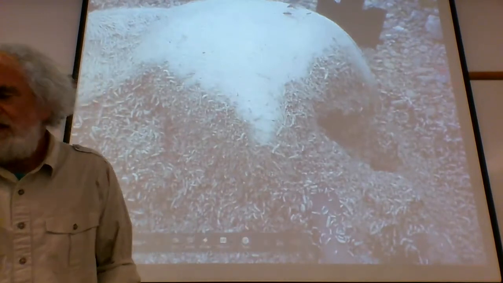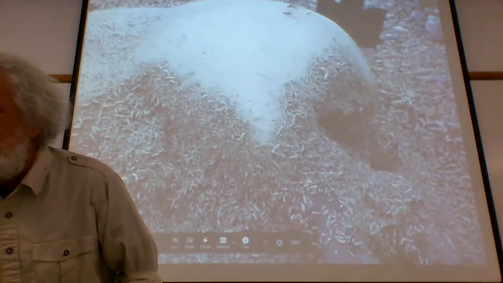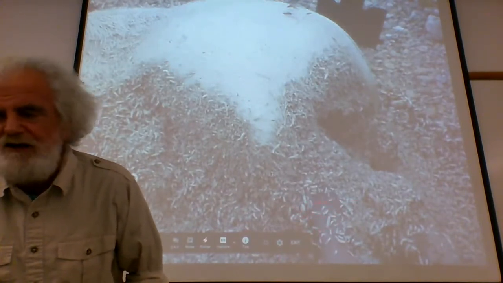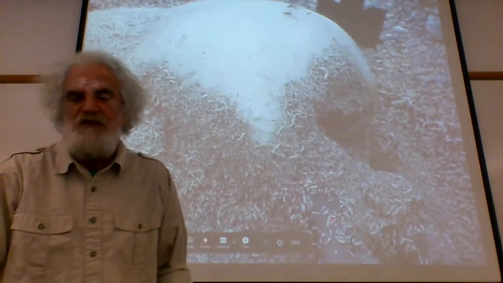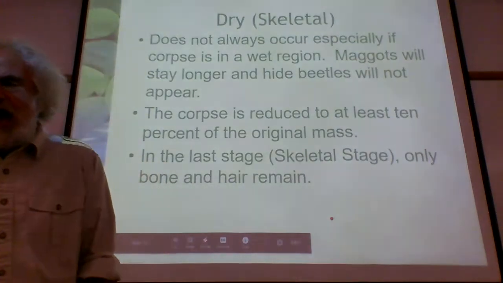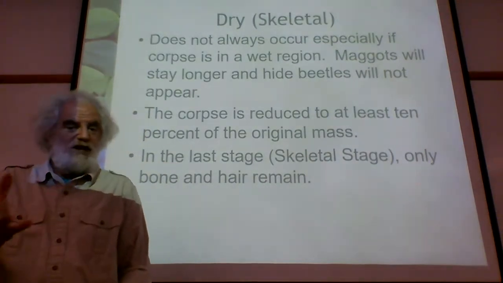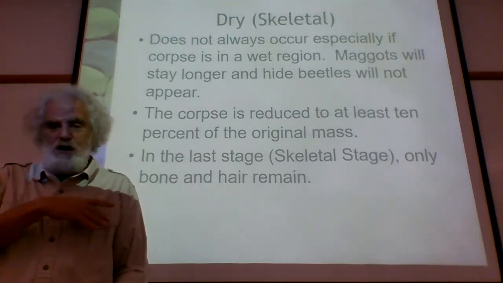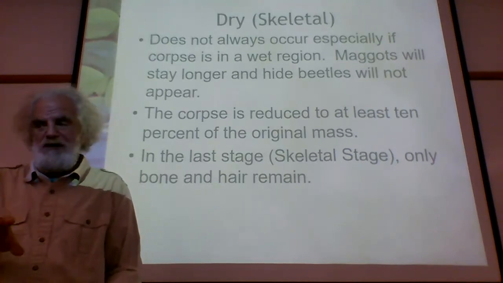And can we zoom in? Not that we want to, but you can see there's maggots of different sizes. There's a guy there. Little tiny guys, real big guys. These are different larvae. All right, so the dry stage, if the corpse is in a wet area, say in a river bottom or near the shore, it may never actually hit there.